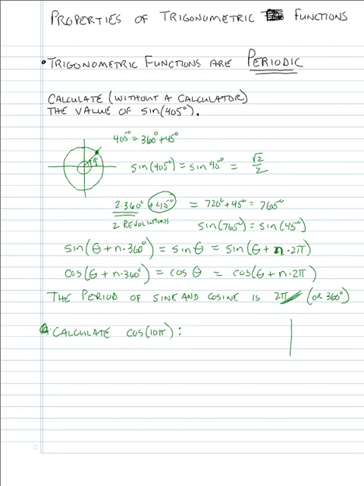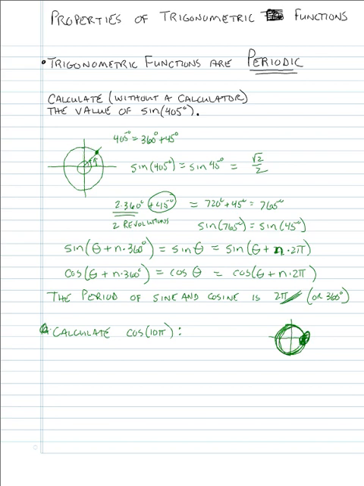I would just stop and think, well, now, where is 10 pi? Well, if we start at this position and we go around 1 time, that's 2 pi. We go around 2 times, that's 4 pi. If we go around 3 times, that's 6 pi. Go around 4 times, that's 8 pi. Every time we go around, it's 2 pi more, isn't it? We go around again, we're at 10 pi, and so it leaves us right there.